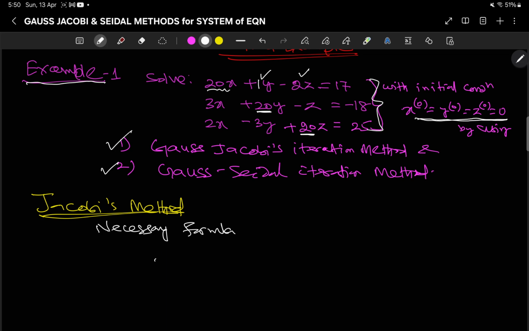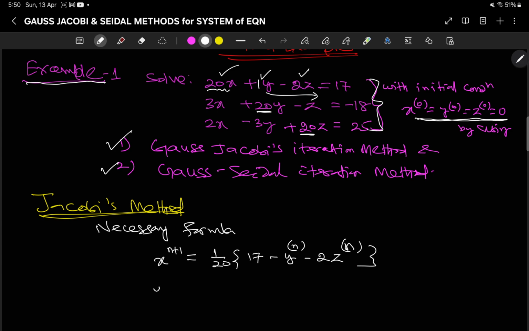Here x at n plus 1 is equal to 1 by 20 times 17 minus, bringing this to the right hand side, minus y minus 2z, at the nth step.